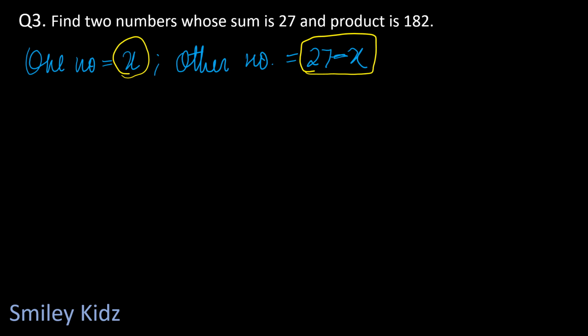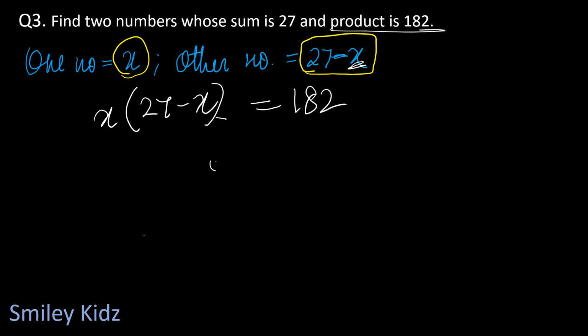Now, have a look at the next part of the question. Their product is 182. That means one number is x, the other number is 27 minus x. Their product, that is x into 27 minus x, is 182. On simplifying this further, you will get our quadratic equation. So we get 27x minus x square is equal to 182.